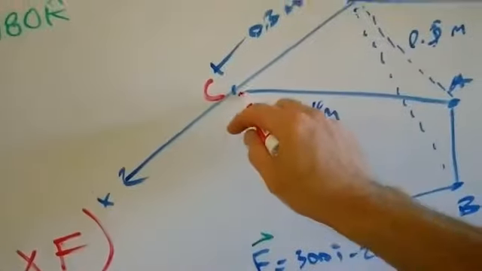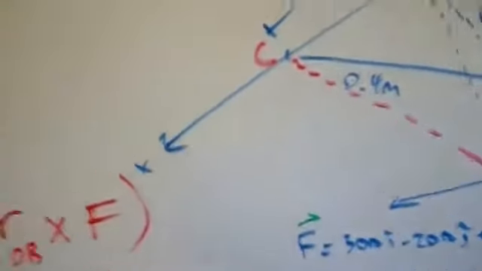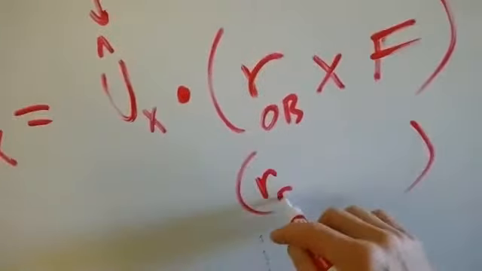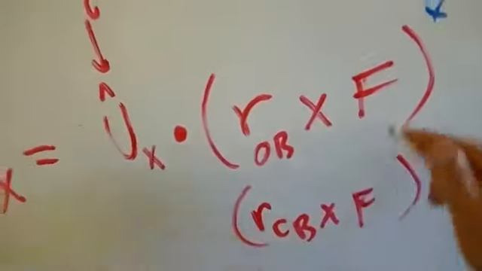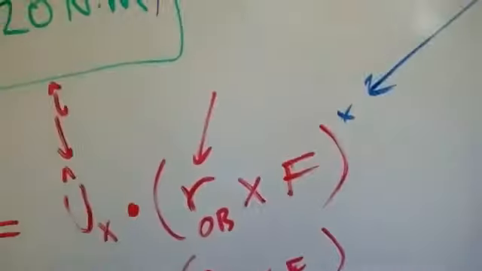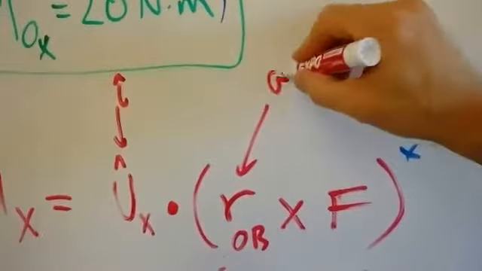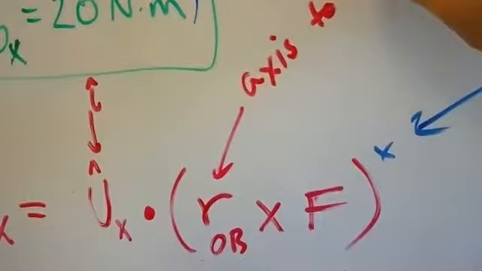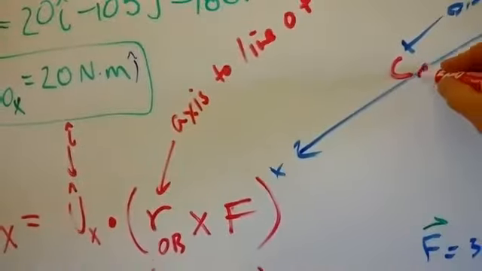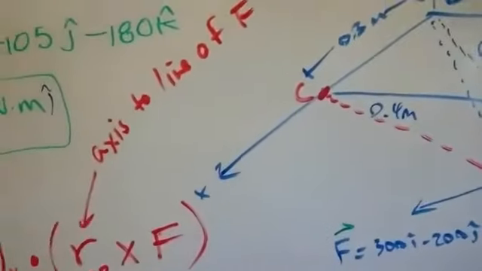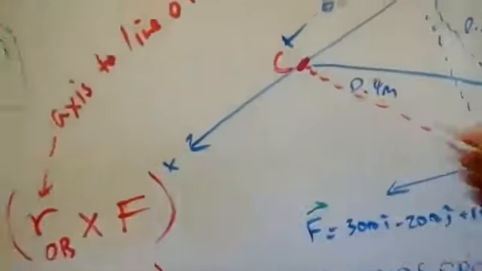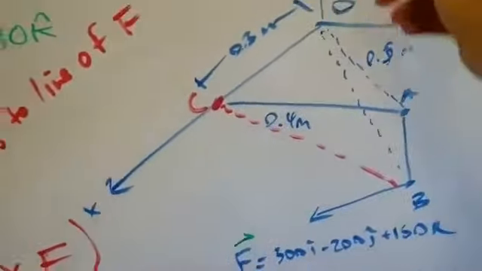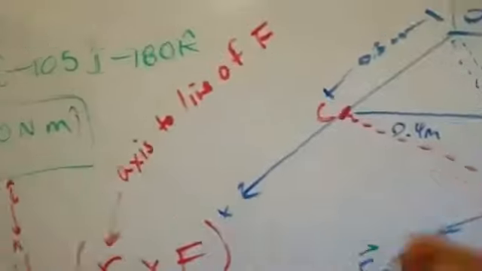But if you had a point C there that you knew, it could be r_CB cross F. So this position vector has to connect the axis to the line of the force. Where's C? I just made up C. C is right here on the x-axis. That's why it's another alternative. You're free to use OB, and you probably would normally, but in certain problems you might pick one that makes it easier for you.